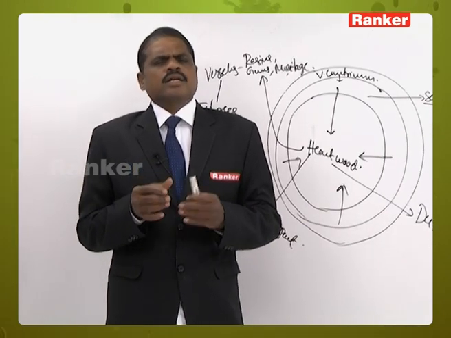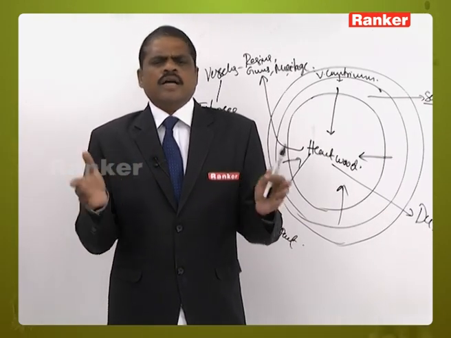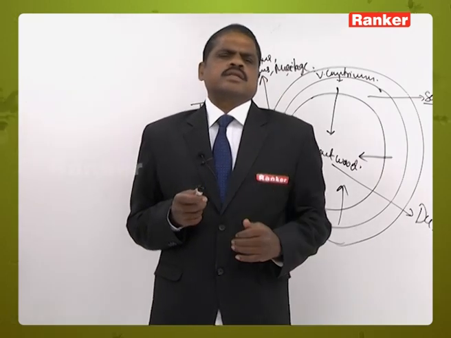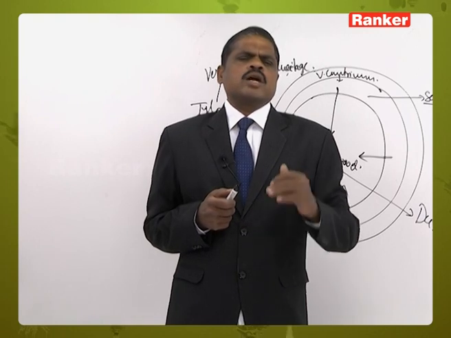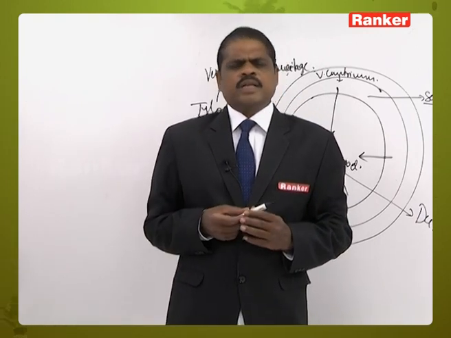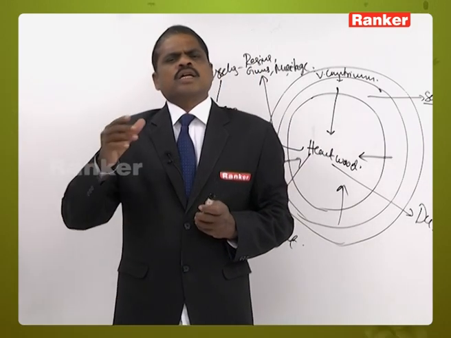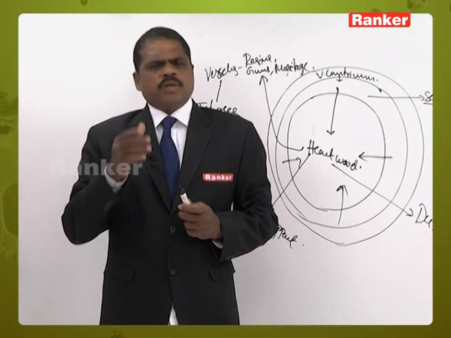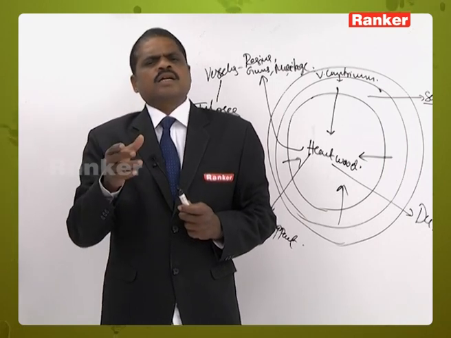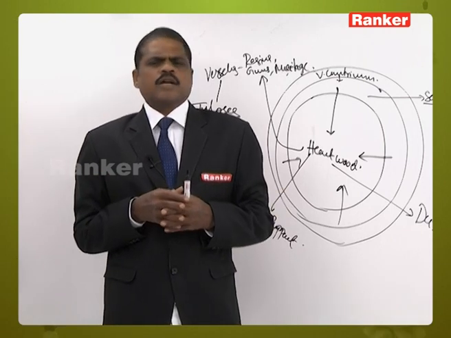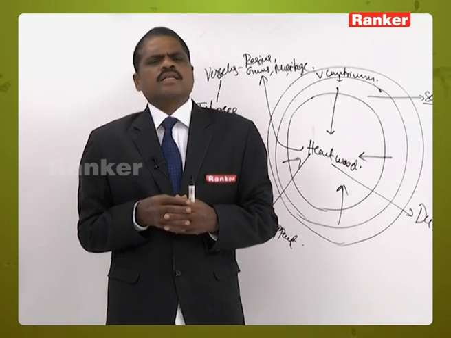When the stele is increasing in diameter, pressure develops on the cortex and epidermis, which are outside the stele. Outside the stele, the cortex is present in the primary body, and outside the cortex, the epidermis. Under pressure, the cortex and epidermis rupture.